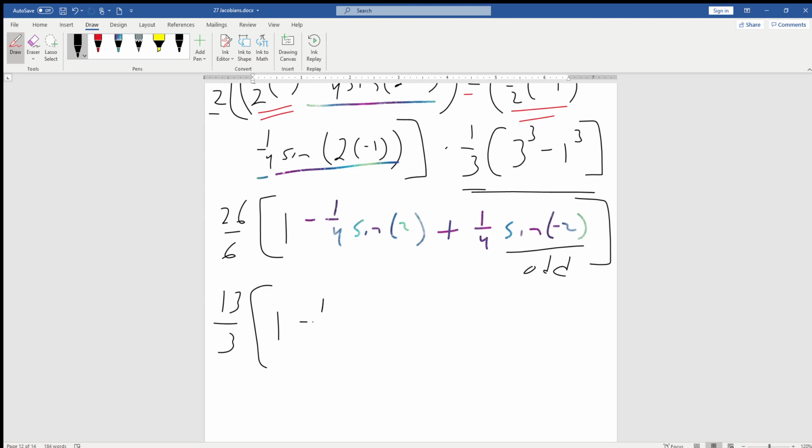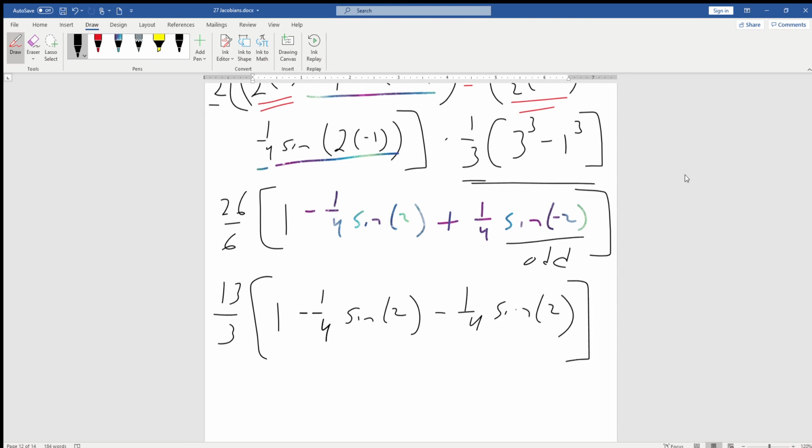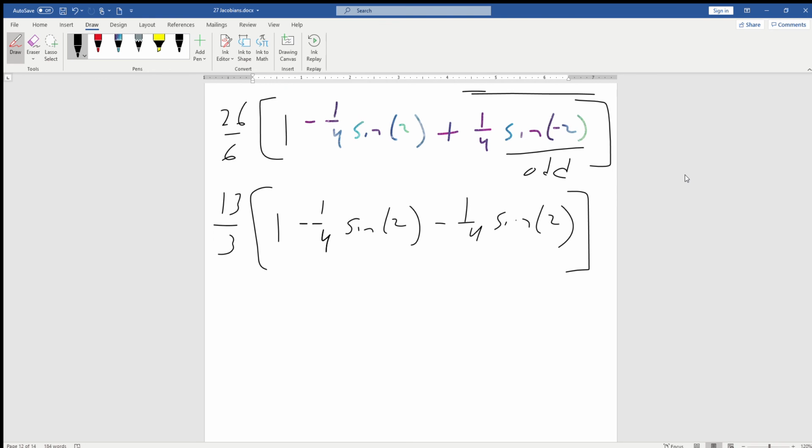So we have negative 1/4 sine of 2 minus 1/4 sine of 2, because again that's an odd function. Mercifully, the nicest answer we can get is 13/3 times 1 minus, we have a quarter and a quarter, so 1/2 sine of 2. It's probably the best answer we can get out of this.